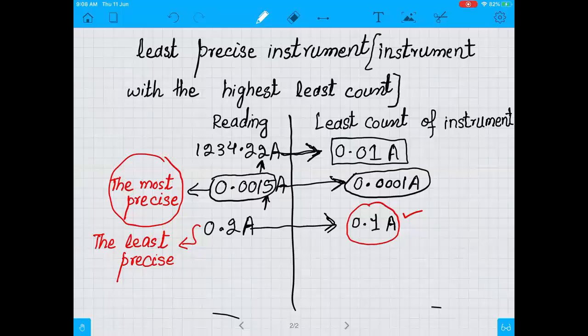Now, if we add these three numbers, then the answer will follow the least precise one, that is 0.2 ampere. The answer cannot have more than one decimal.